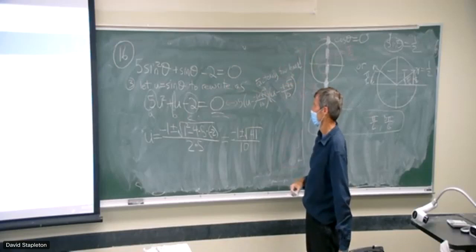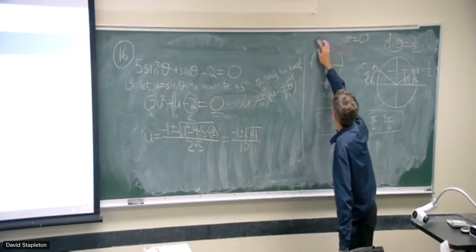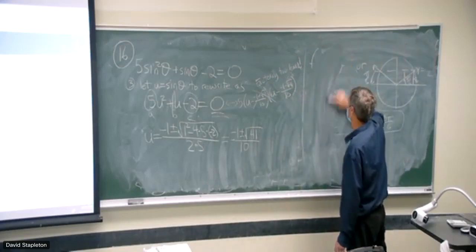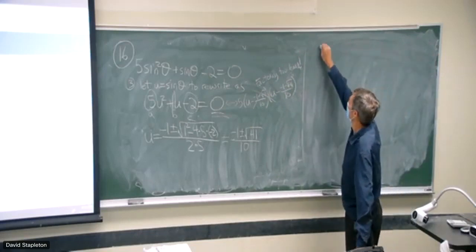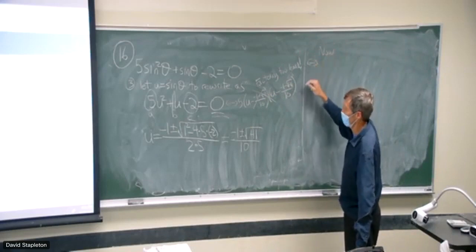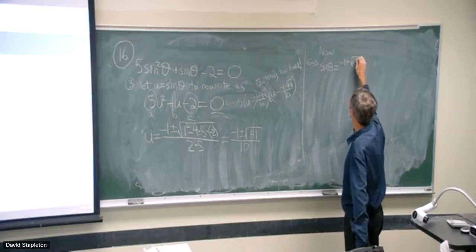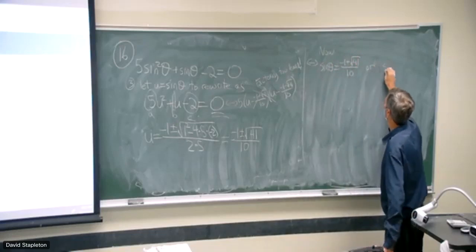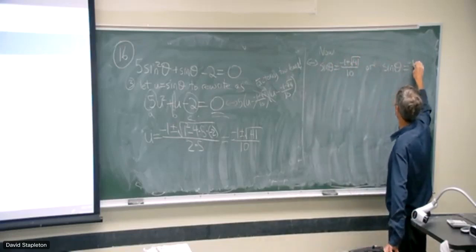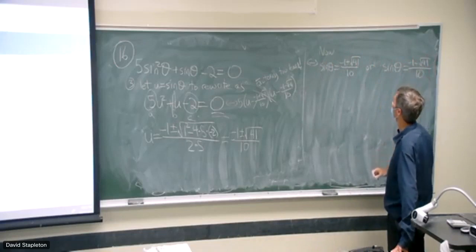Right. All right. So there are the two solutions. And now these definitely don't come from a special angle, right? Because now I write u as sine theta. So the first equation is equivalent to these two equations: sine theta equals minus 1 plus square root of 41 over 10, or sine theta equals minus 1 minus square root of 41 over 10.